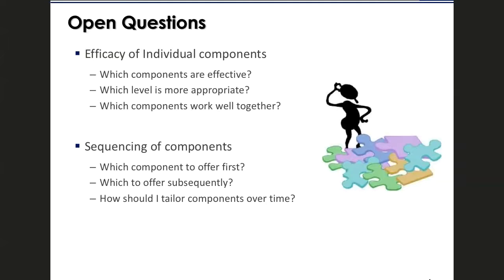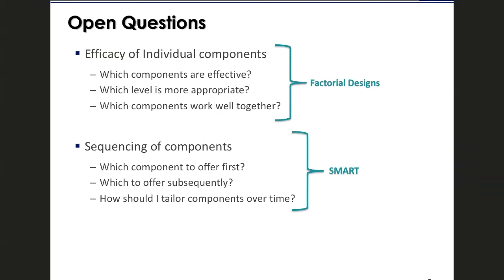Today, we're going to talk about two experimental approaches: factorial designs and SMART design. SMART stands for sequential multiple assignment randomized trial. I'll say it again later. Factorial designs are not new, okay? They've been here forever. But I think that their use in the context of intervention development is relatively novel. These designs can help us answer questions about the effectiveness of individual components.